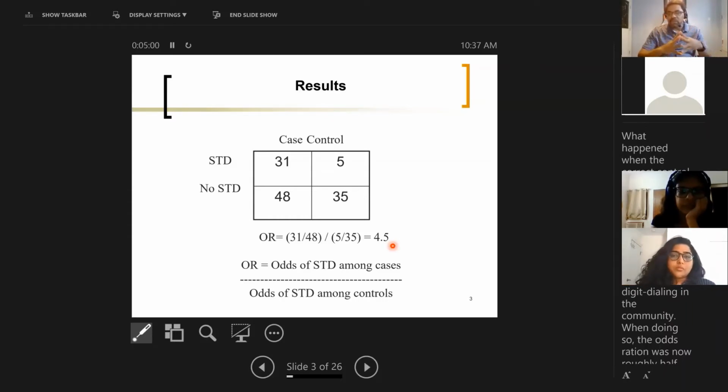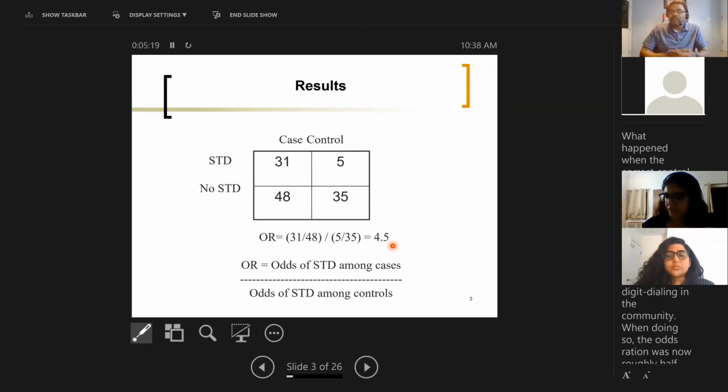And if I were to explain this odds ratio in simple English, I would say patients with confirmed COVID disease had 4.5 times higher odds of having lost smell or taste compared to people with non-COVID disease, namely influenza, right?